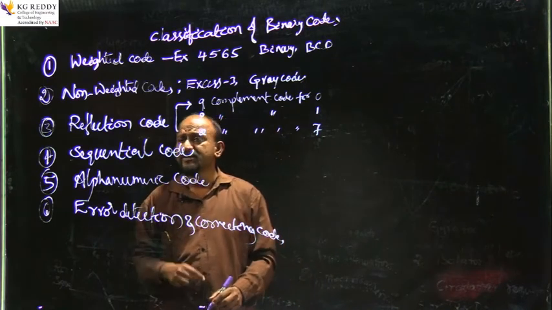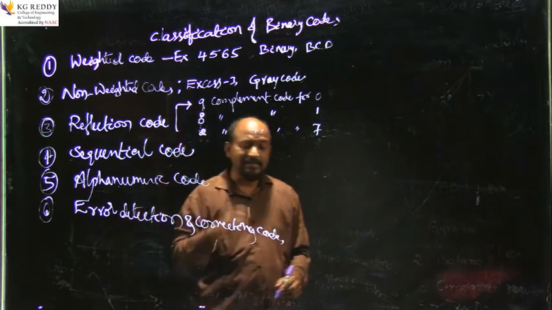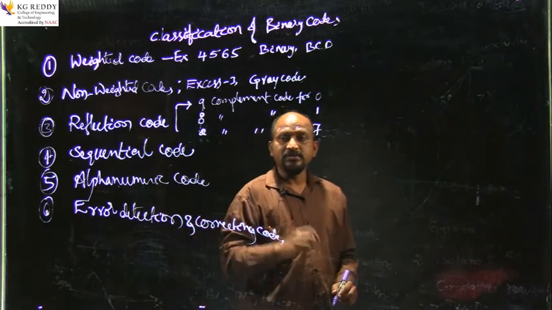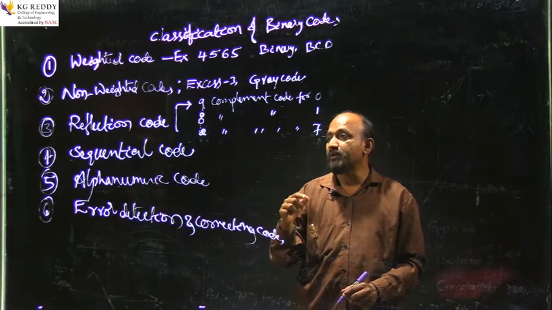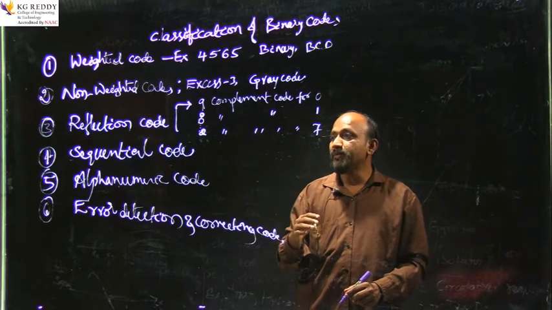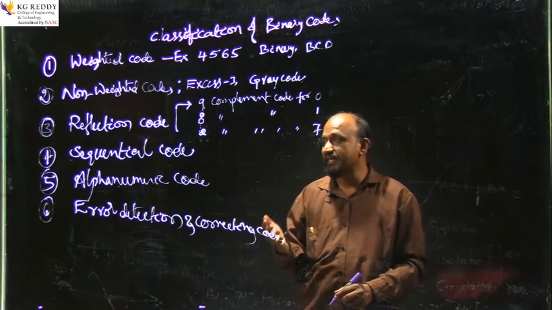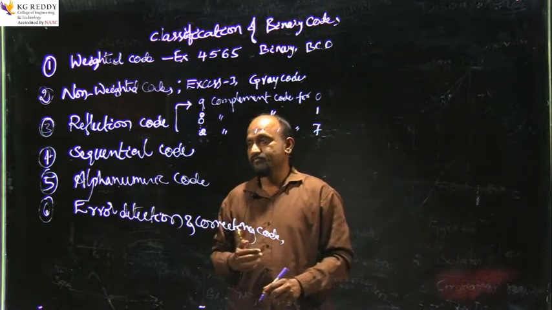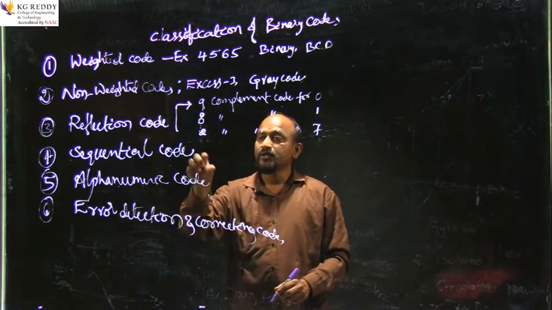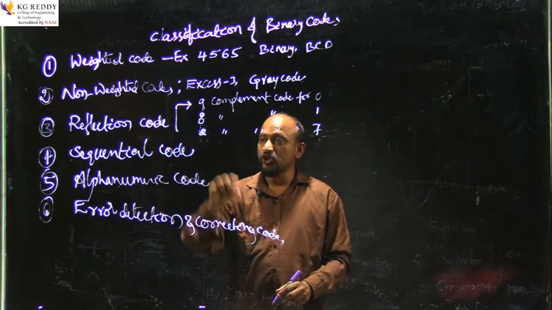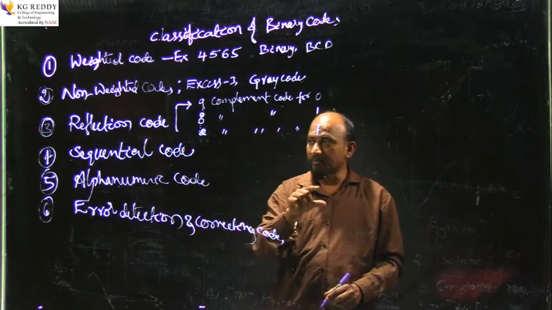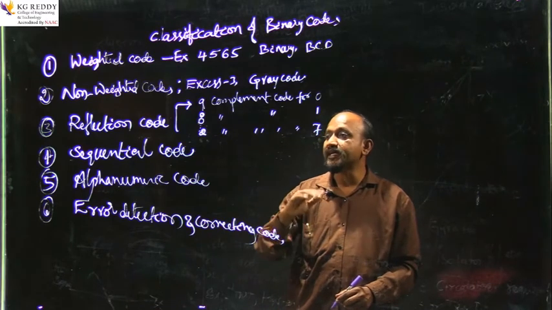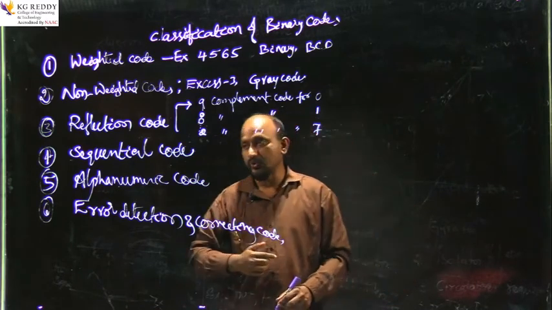So these are the examples under the reflection codes. The next one is sequential codes. In a sequential code, the succeeding binary code is greater than the preceding code. I am repeating once: in a sequential code, each succeeding binary number is greater than the preceding code.